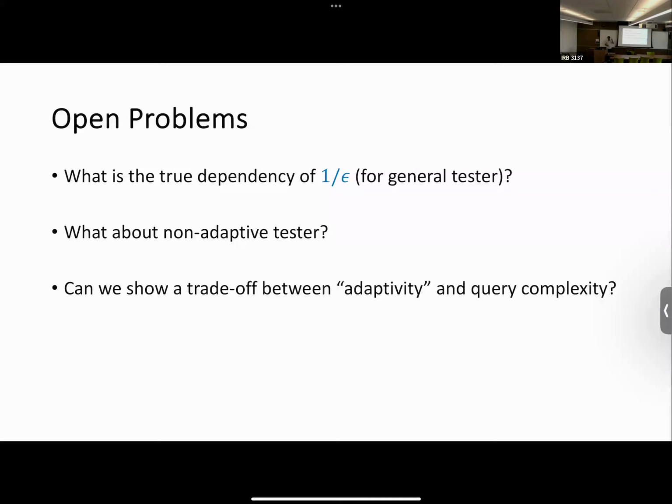So if you fix some k rounds of adaptivity, then there are some problems which you cannot solve efficiently in k minus 1 rounds. But these are all existential results. There is no famous problem, at least I am not aware of. Yeah, so these are some of the interesting problems.